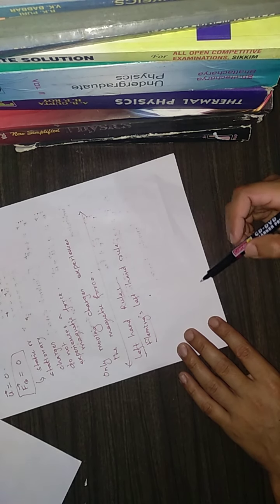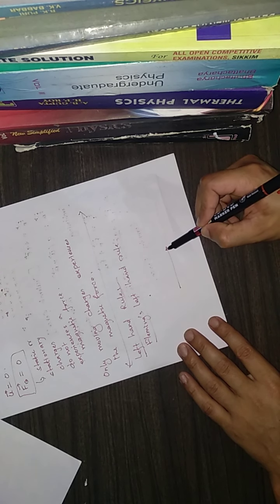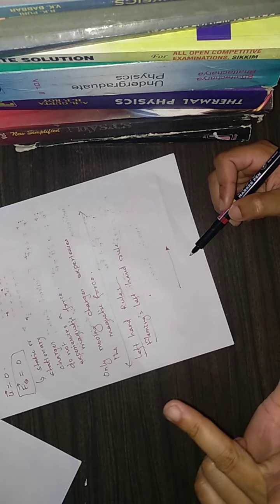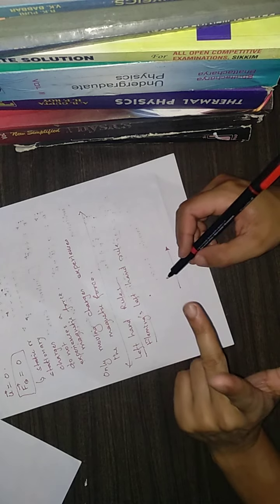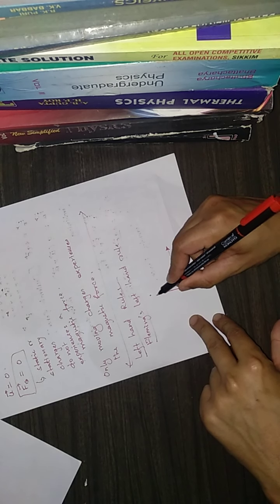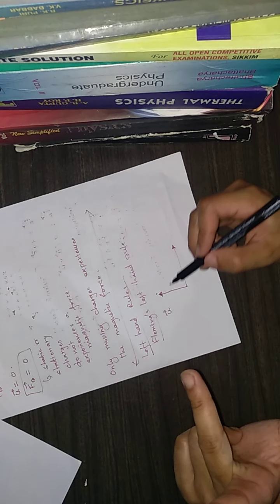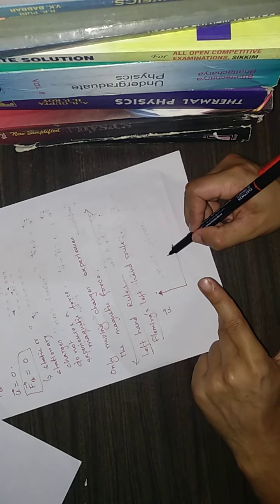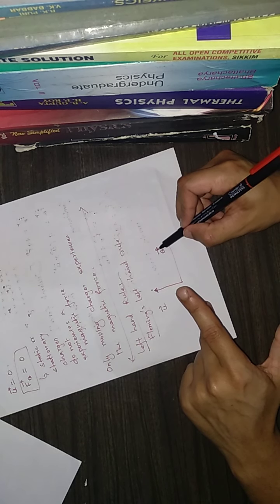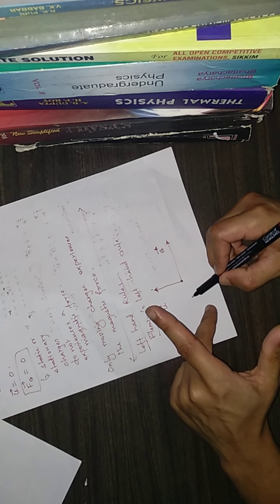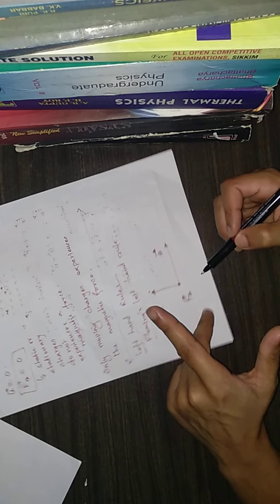So Fleming's left hand rule is basically, I'll depict it this way. If this is the velocity, and this is your magnetic field, then the force will come out. Then the magnetic force will be outside this plane of paper.